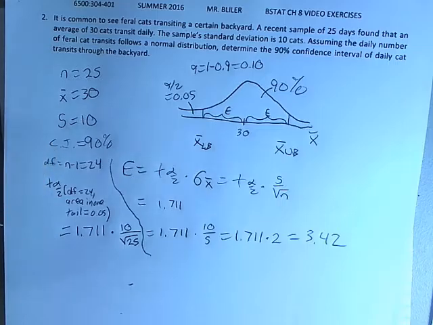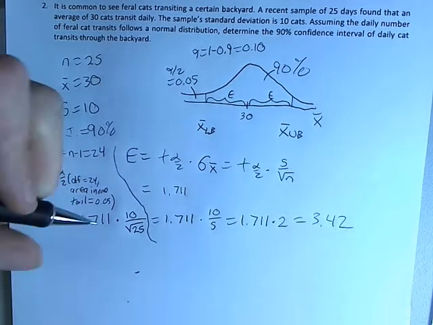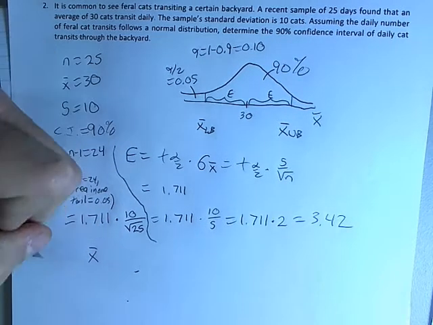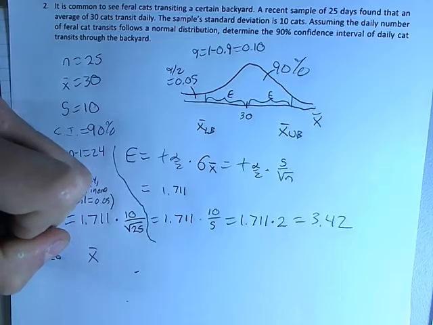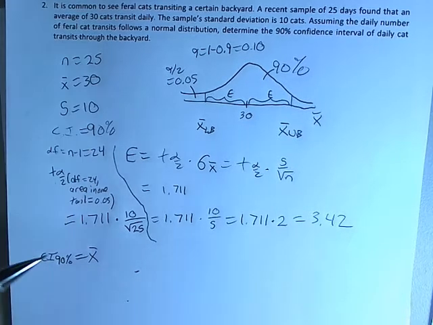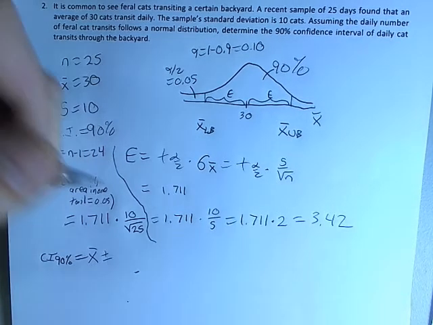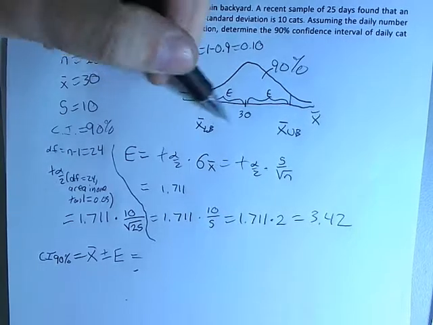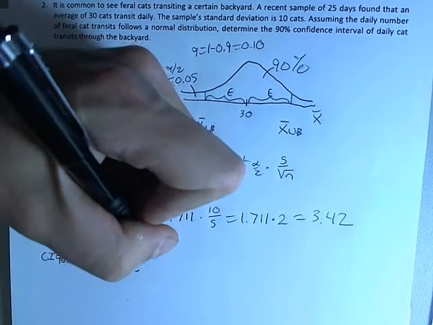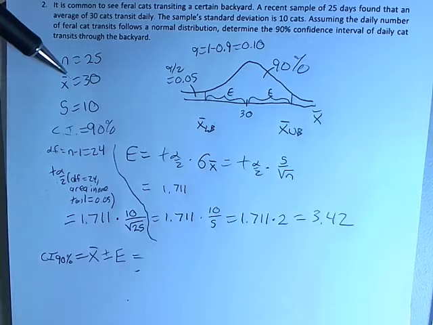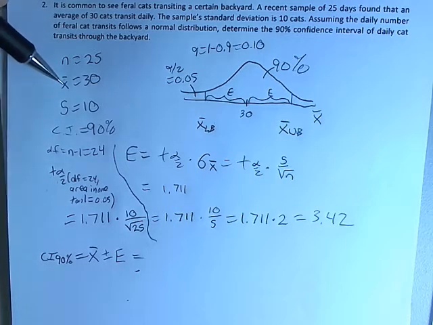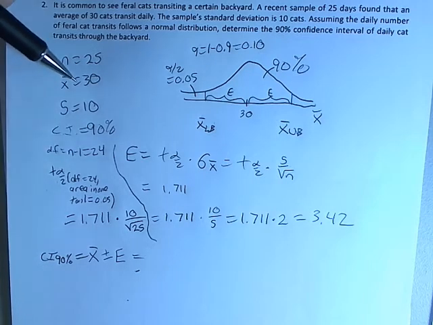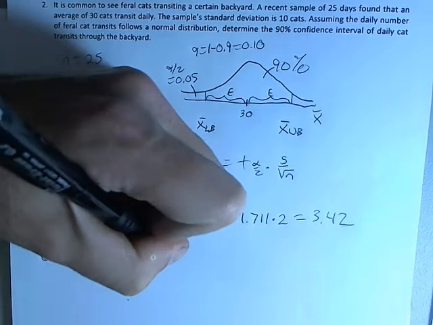So the second and final step of completing this confidence interval is to take our sample mean and add and subtract that margin of error to it to get the upper and lower boundary points. So here we know that the average number of cats transiting per day, or the sample mean from our sample, is 30.